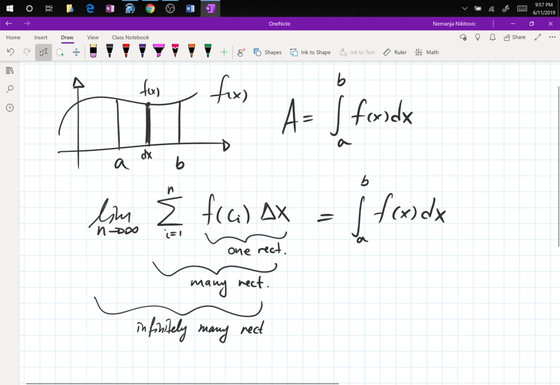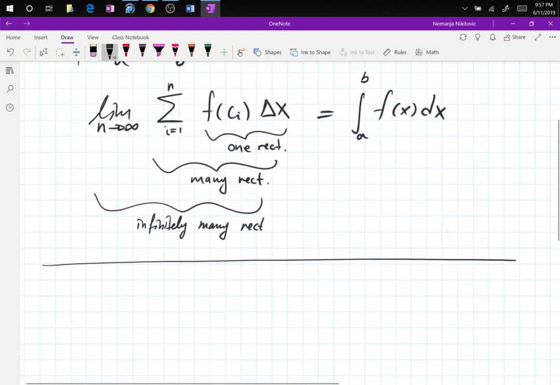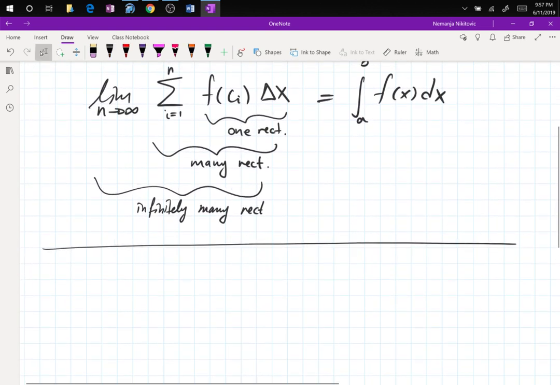Now, in Calc 3, you are going to have a two-dimensional input, x y. And that two-dimensional input is going to be bounded, and for simplicity we want it to be a rectangle.